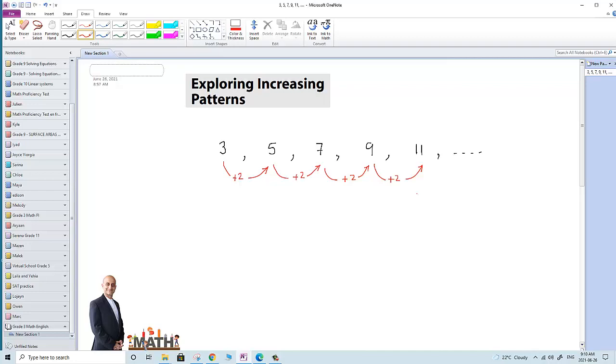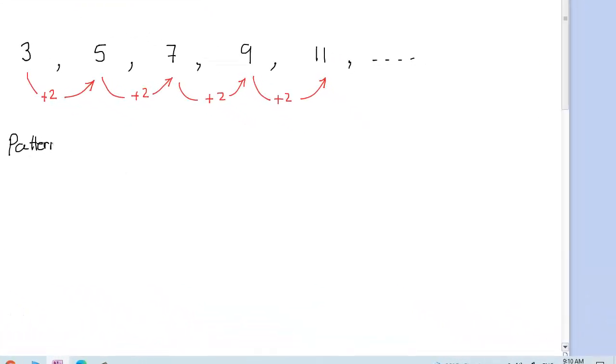That means I have some numbers and these numbers are related to each other in a way that when I take any number and add 2 to it, it will give me the next number. The next number I add 2 to, it will give me the next number, and so on. So I can say there is a pattern rule.